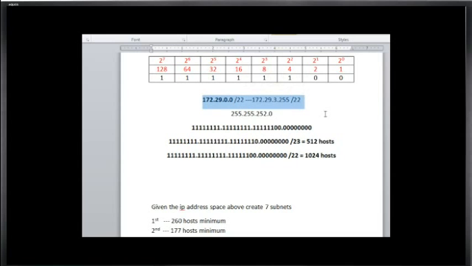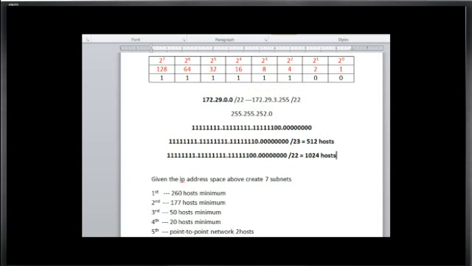Okay, so right now with the /22 we've got one network. This right here is one network with 1024 hosts, but all we need for the assignment on our first network is 260 hosts minimum. Well, we know that a typical /24 will not work because that's only 256 hosts. So they probably want a /23 or 512 hosts.